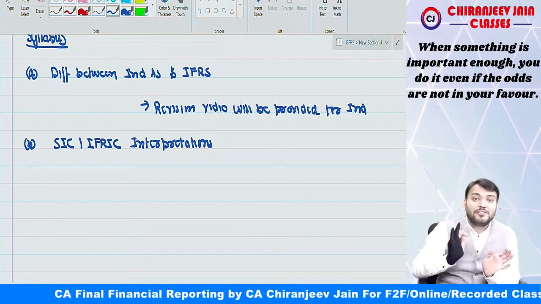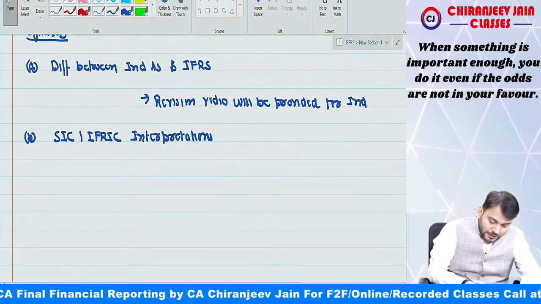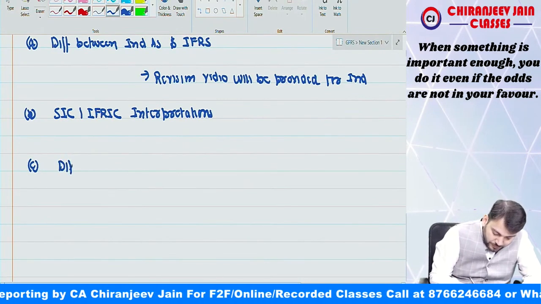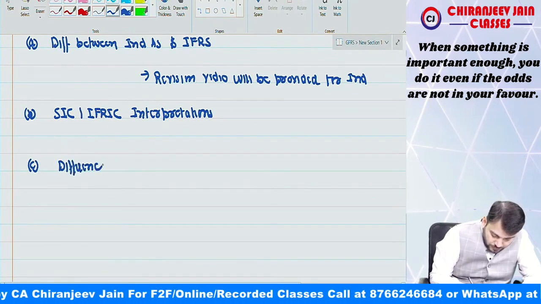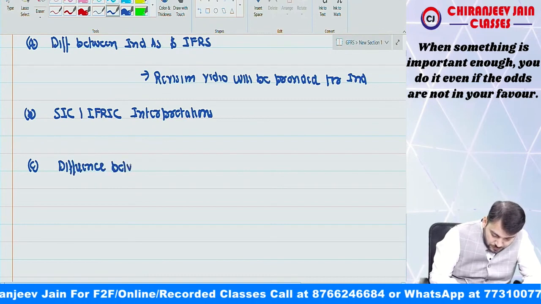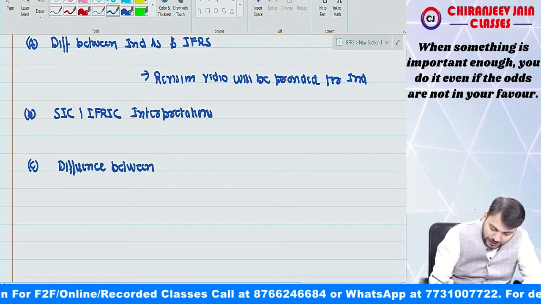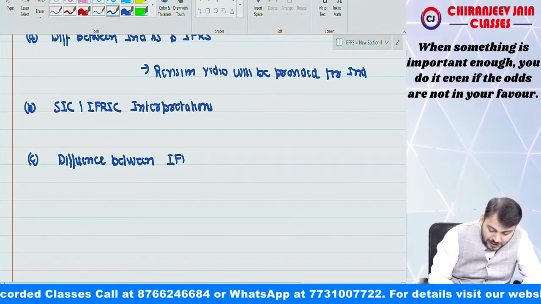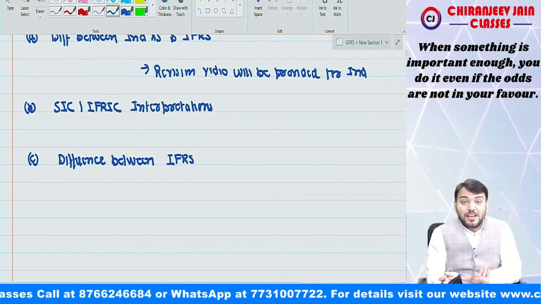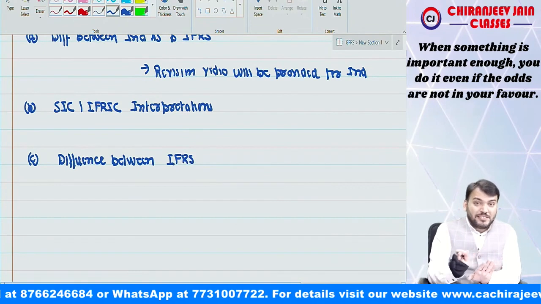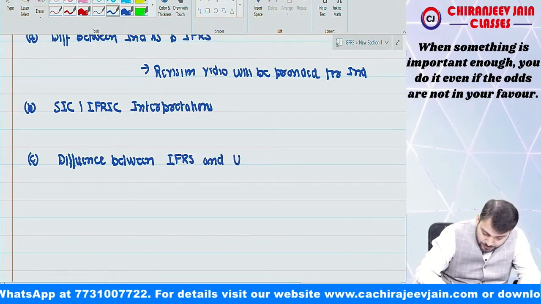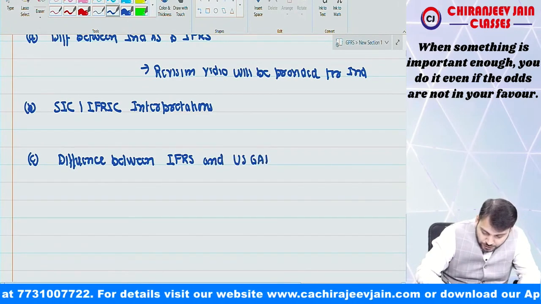Then we need to cover the difference between Ind AS and IFRS. When I say IFRS, IFRS will also include IAS as well as interpretations. Correct? And US GAAP.